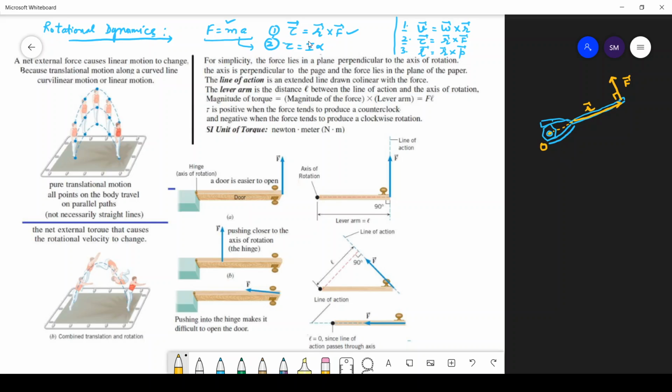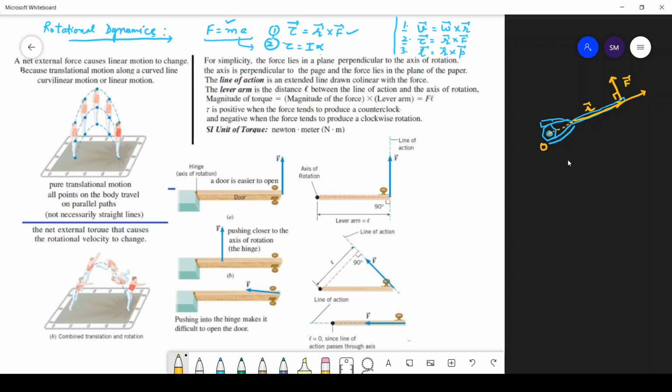And what is the direction of torque? R cross F. It is perpendicular to the plane of R and F. So put your fingers on R and curl them towards F. So tell me, students, what is the direction of torque?